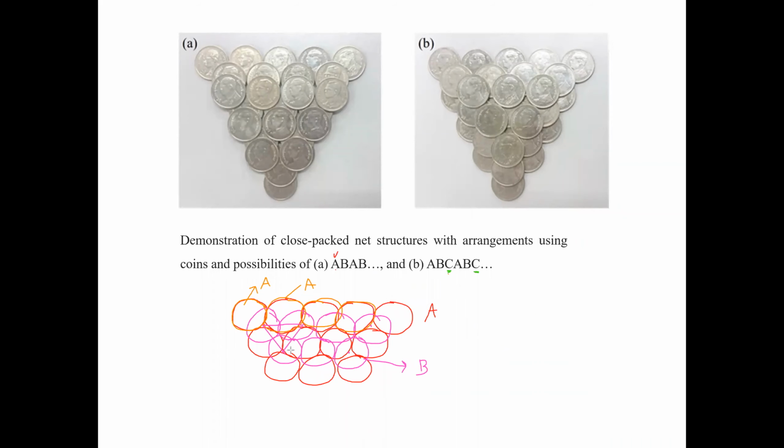So this forms like a triangle, right? Triangle. So for C, you will build up the third row that has the triangle that is flipped from this.